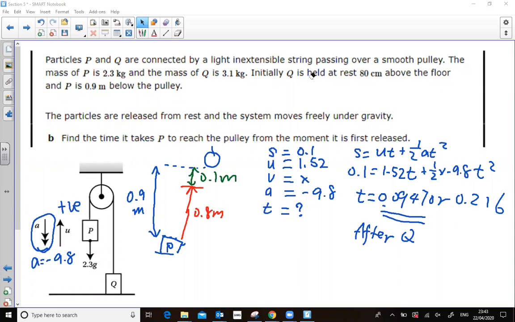So what is happening for Q? Q reaches the ground. Okay, so let's do another SUVAT for Q this time.